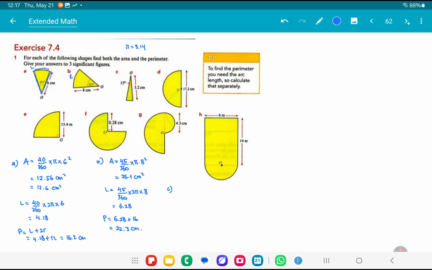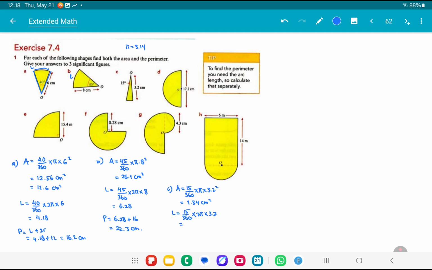For question C, the angle is 15, so area equals 15 over 360 multiplied by pi multiplied by 3.2 squared. And the final answer we got is 1.34 centimeter squared. The length of the arc: 15 over 360 multiplied by 2 pi multiplied by the radius.